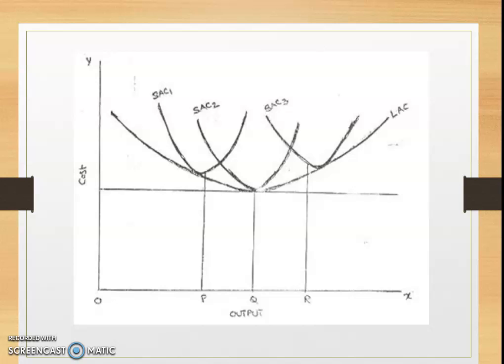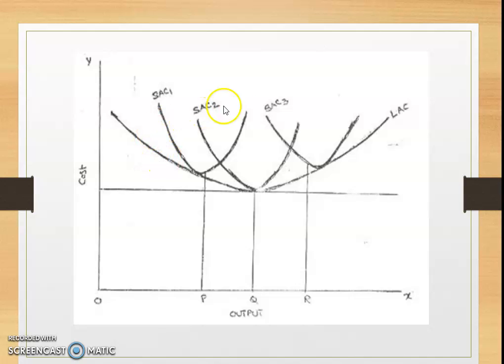Here, if you look at this, the long-run average cost curve is also known as the envelope curve or planning curve. Why do we call this long-run average cost curve the envelope curve?